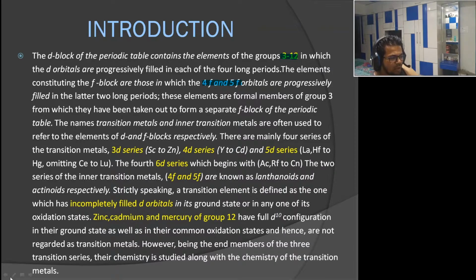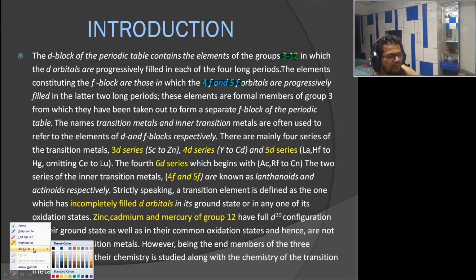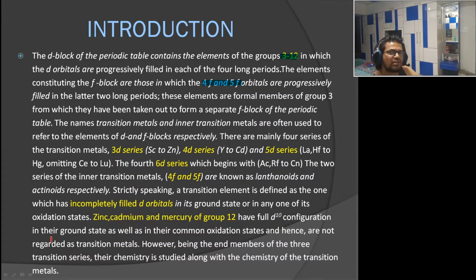Now in this D block, if you observe, how many elements totally will constitute? There are totally 40 elements, which we classify as the 3d series, 4d series, 5d series and the 6d series.